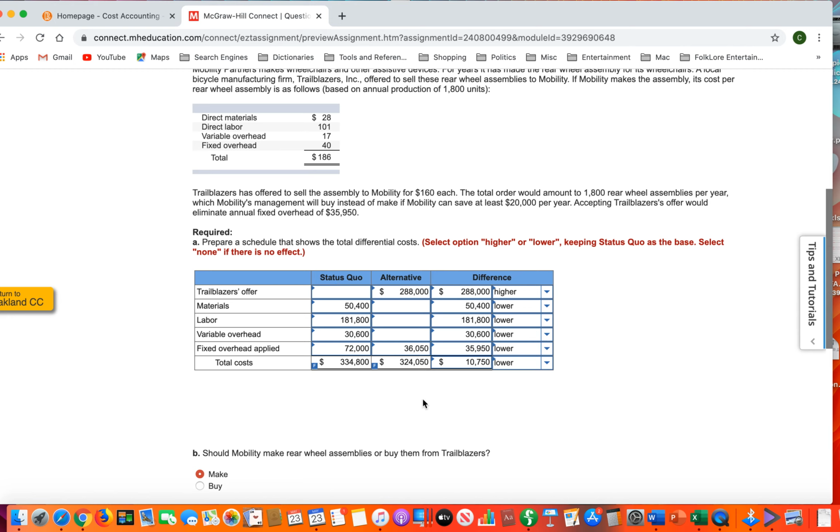What they would save, you get $35,950 saved, which means you're still going to have $36,050 of overhead. Still going to have it. So the difference is what they're going to pay.